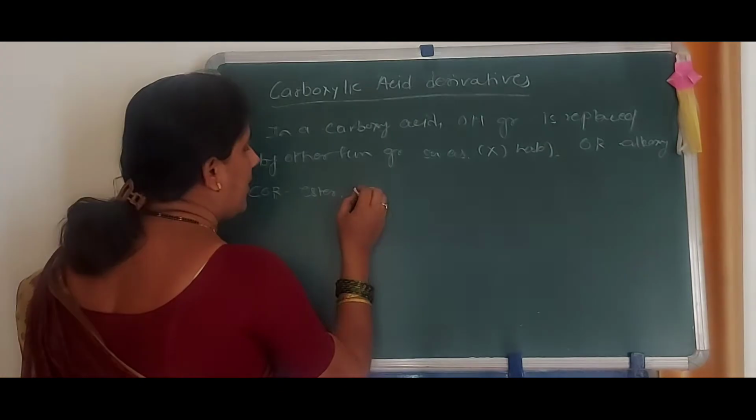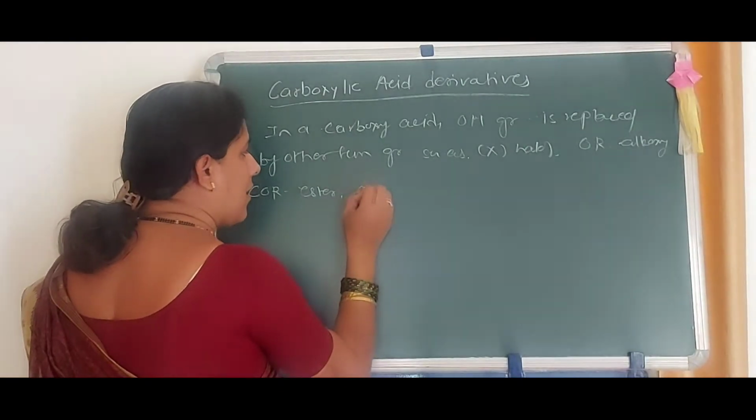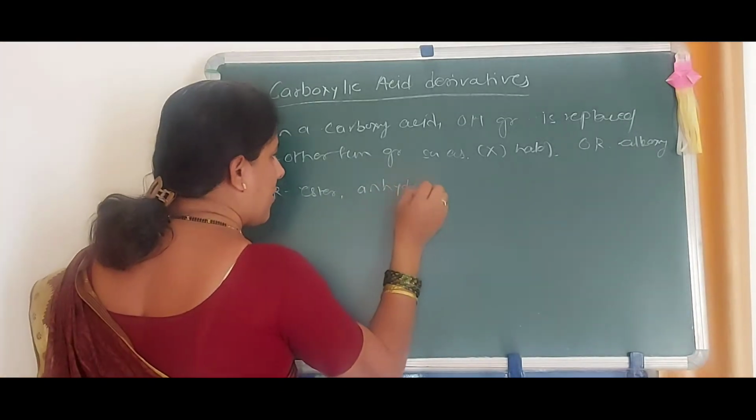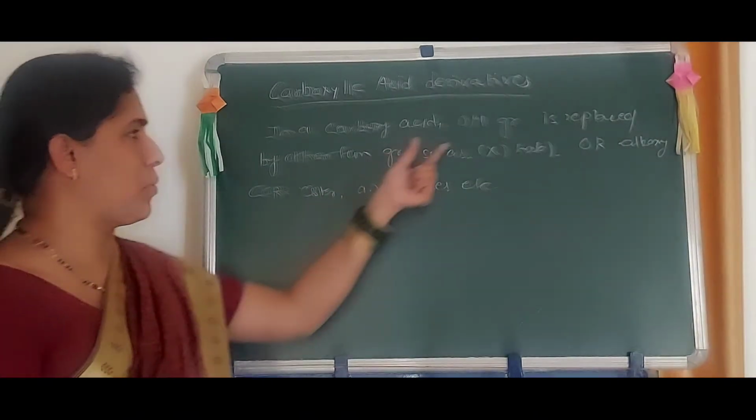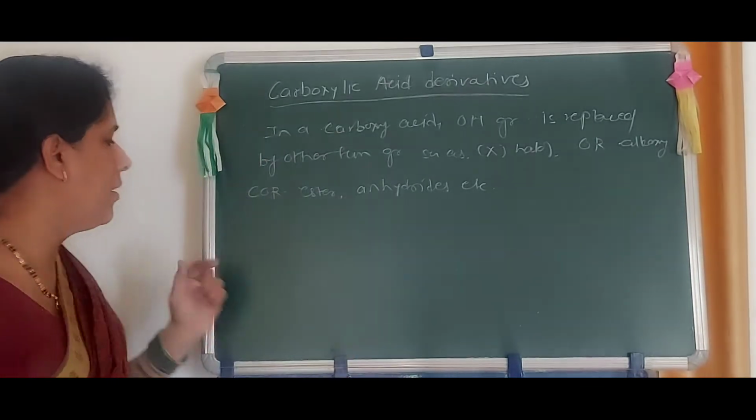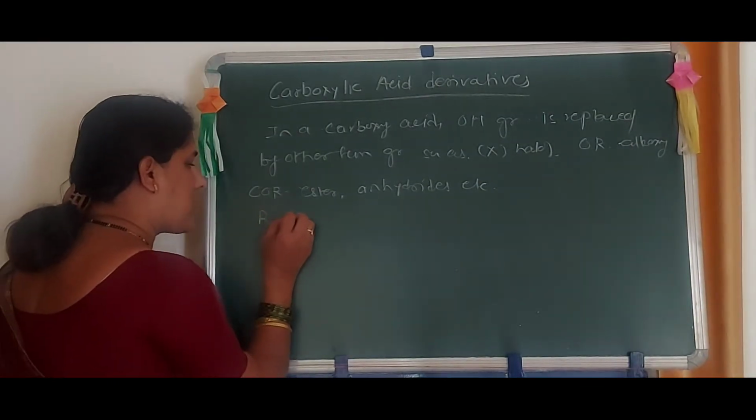Then by replacing it we get anhydrides, etc. The general formula for carboxylic acid is what?